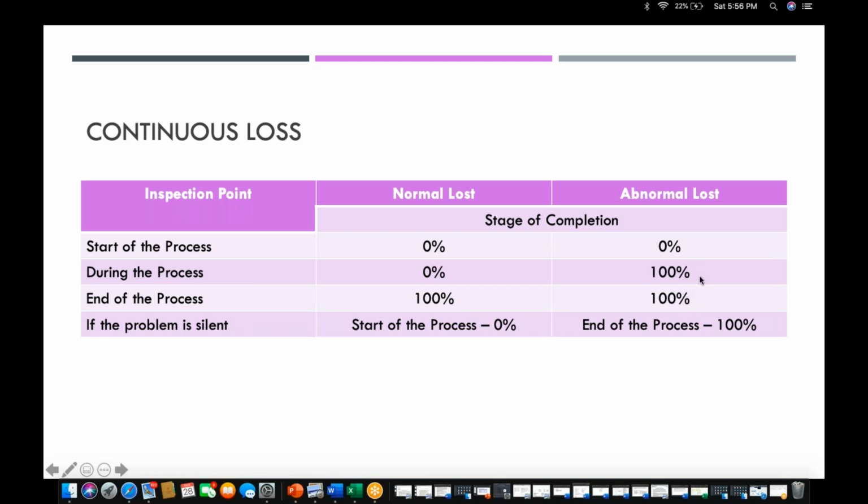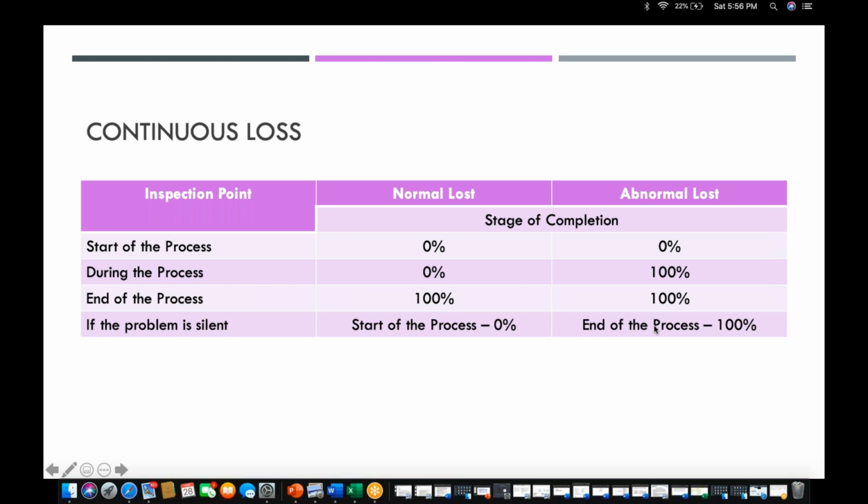Because the assumption is that for abnormal loss, the inspection is done at the end of the process. So if at the end of the process, you have already added materials, labor, and overhead, that is why its stage of completion is 100%. So if the problem is silent, it does not say start, during, or end, as long as it is abnormal loss, our assumption is that the inspection point is at the end of the process.